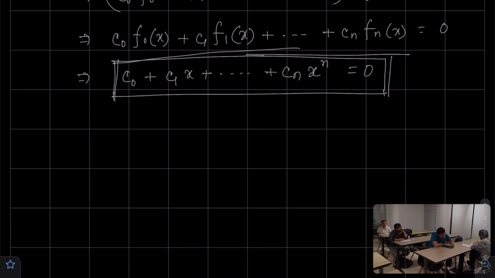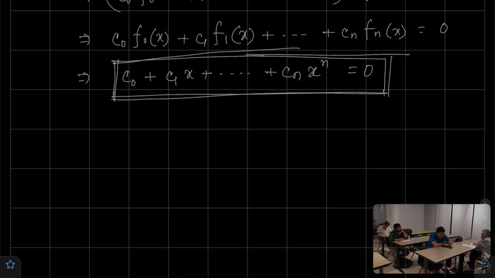But this is a polynomial equation, right? So for this polynomial equation, is it possible for every x that the left hand side is equal to 0? How many solutions are there for this polynomial equation?